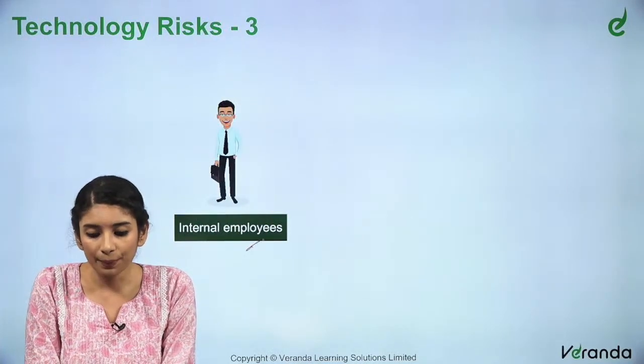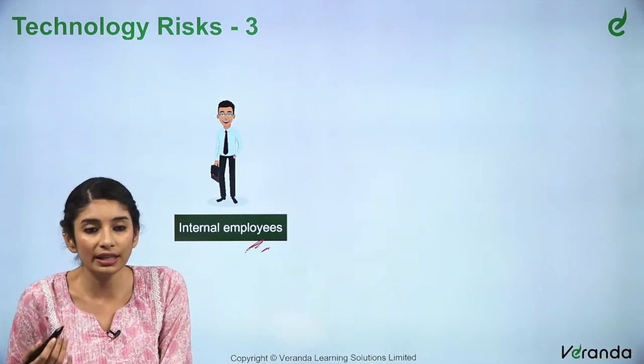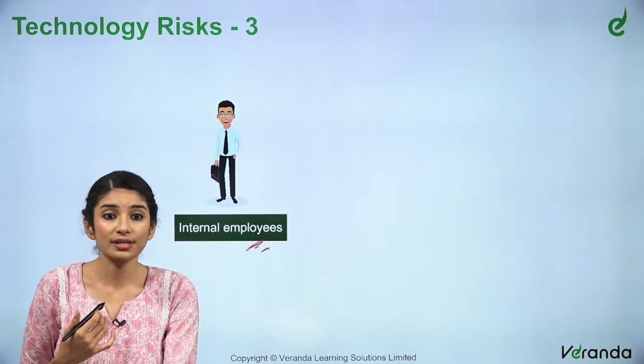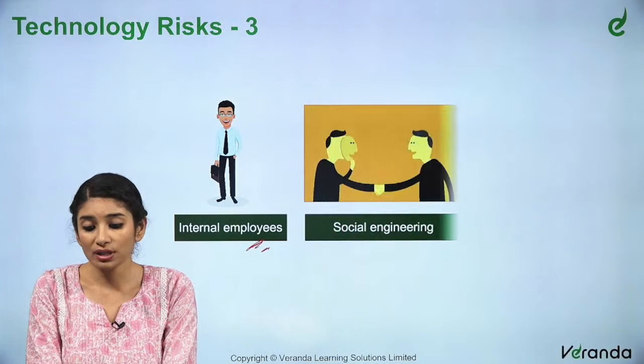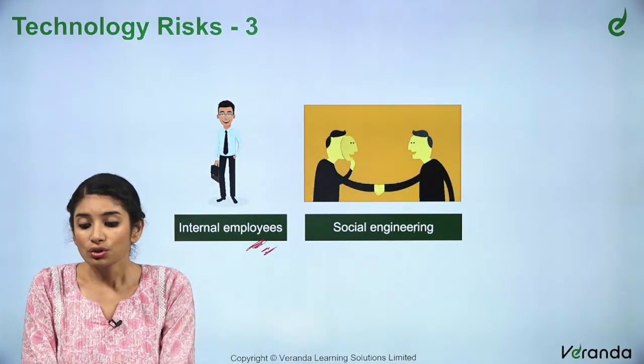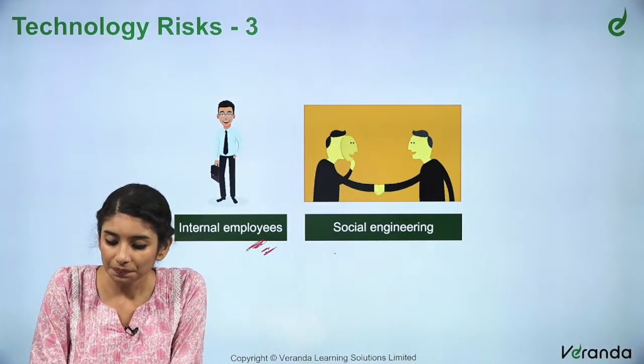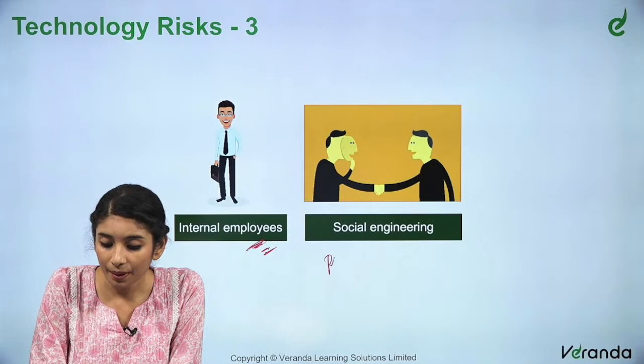Next is internal employees. Collusion and leak of information from internal employees, all of these are frauds or risks due to employees within the organization. Social engineering. What is the meaning of social engineering?